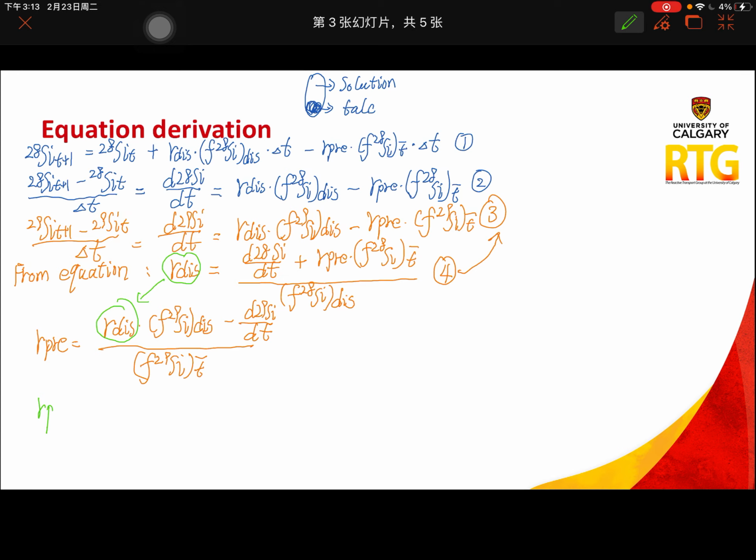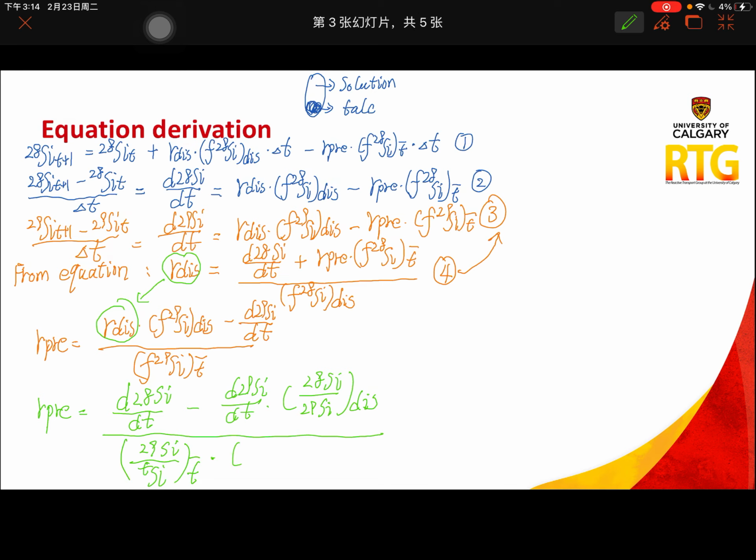Then we can get the precipitation rate equals d28 silicate over dt minus d29 silicate over dt times the 28 over 29 in the solid, over the fraction of the 29 in the solution times the 28 over 29 in the solid, minus the fraction of 28 in the solution.